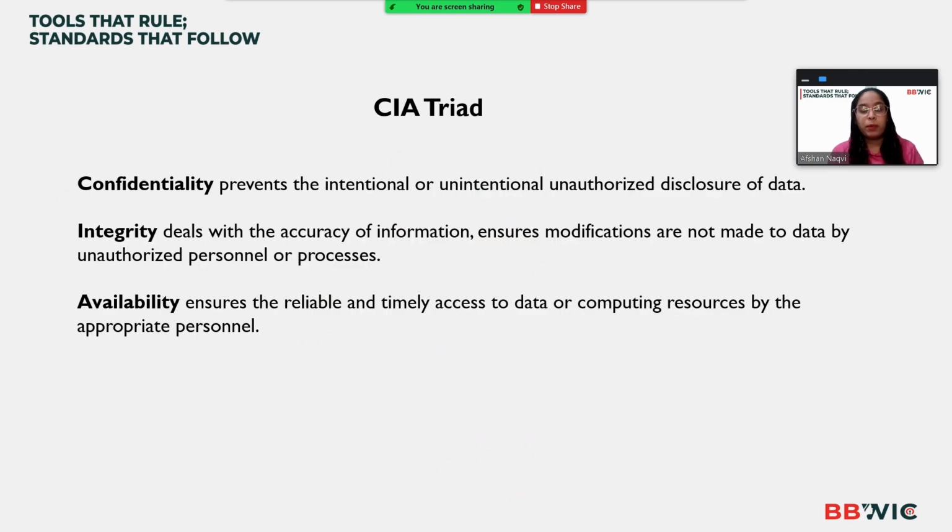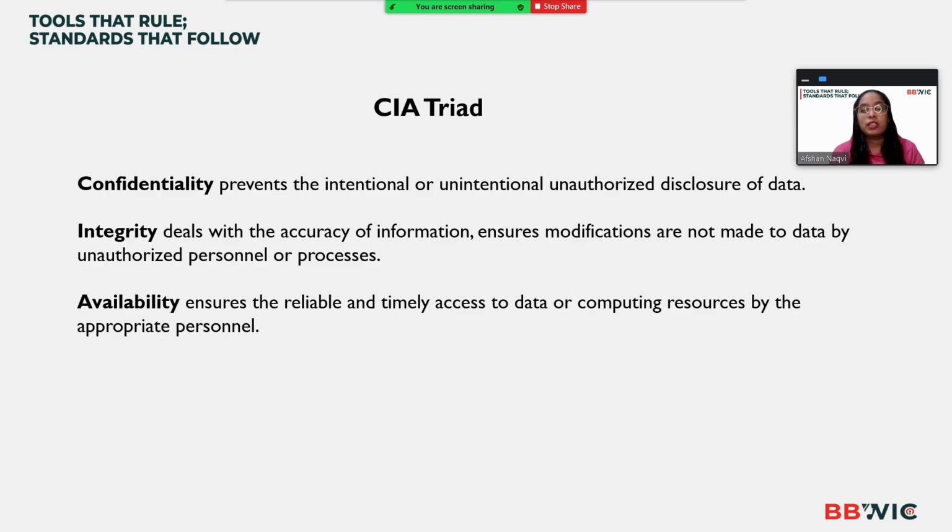Let's see the next topic, that is the CIA triad or the CIA triangle. The CIA triad stands for confidentiality, integrity, and availability. Confidentiality prevents the intentional or unintentional unauthorized disclosure of data, whereas integrity deals with the accuracy of information and ensures modifications are not made to data by unauthorized personnel or processes.